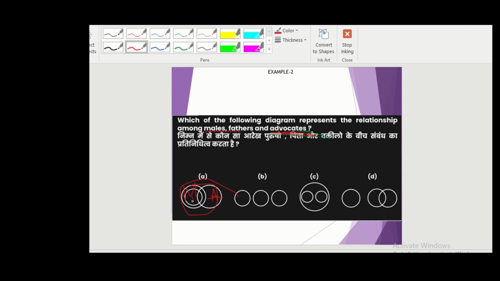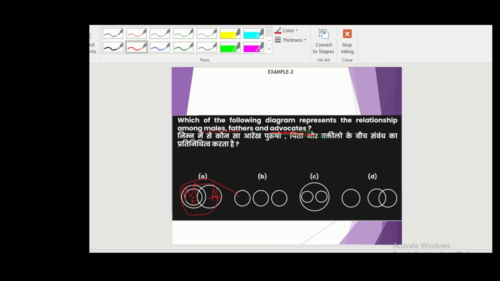But if we check fathers, then fathers are all men. Every father is a man, right? Can a female be a father? No, I am a male. So every father is male, but every male is not a father.